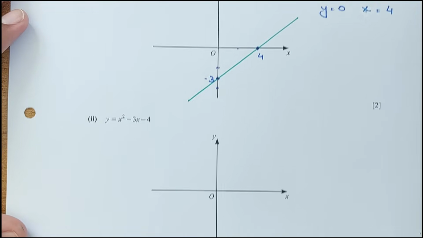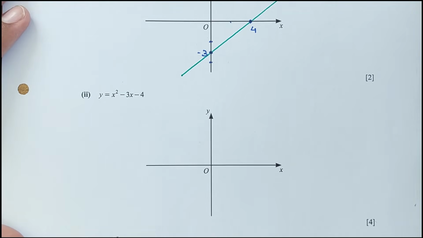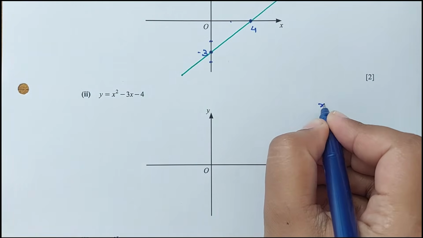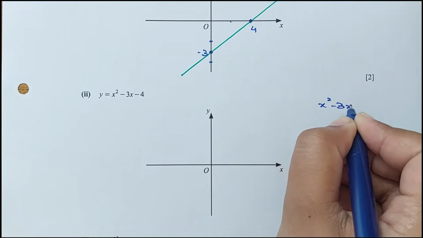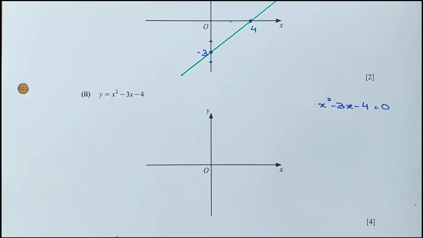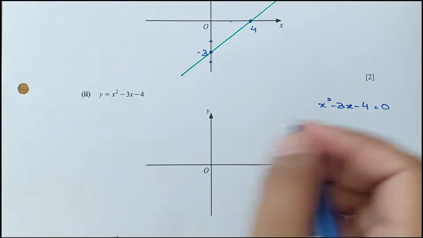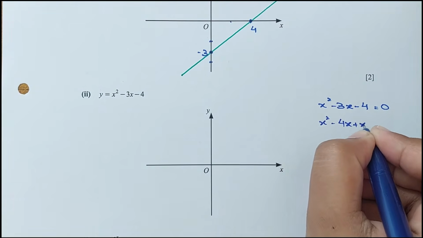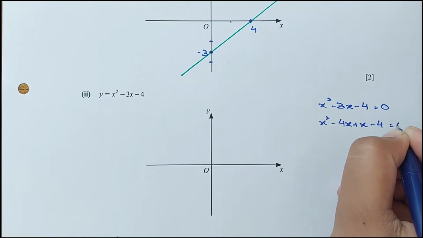The second one is a quadratic, so it should be a parabola. So we need to find the x and the y intercepts first. So for x-intercept, we have to put y equals to 0. So x square minus 3x minus 4 equals to 0. So x square minus 4x plus x minus 4 equals to 0.